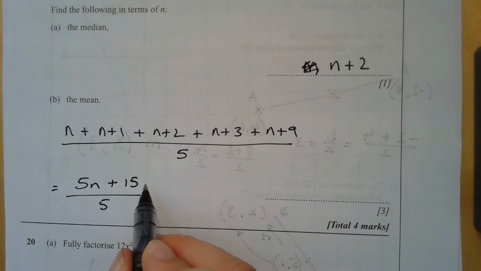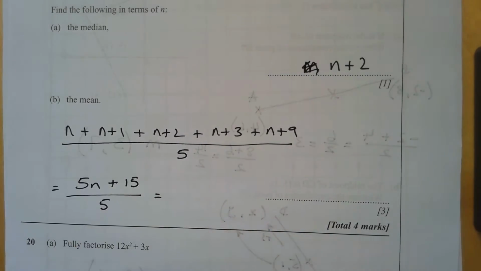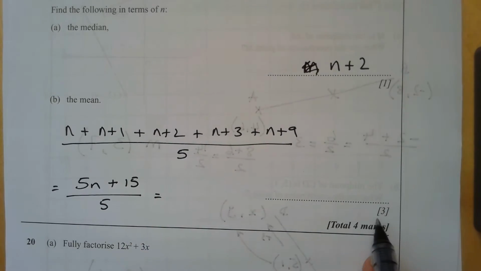And then we need to simplify this. Whatever we divide, we can take a factor out on the top. We can factorise this. We can divide top and bottom by 5, which means that we divide each of the terms. This I would say is probably the trickiest bit to work out. It's 3 marks.